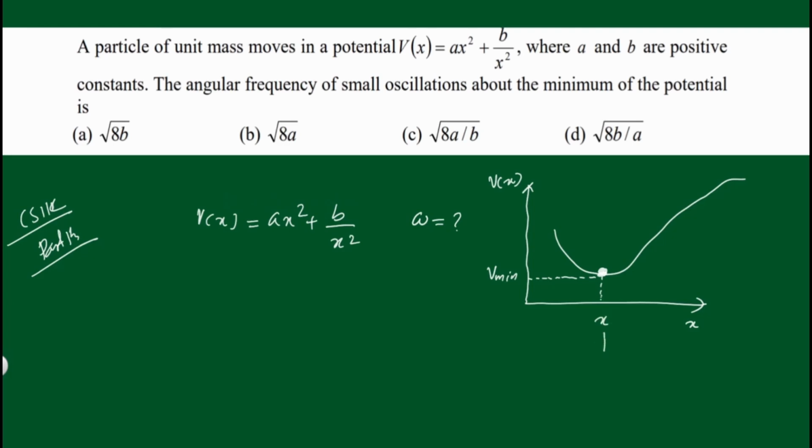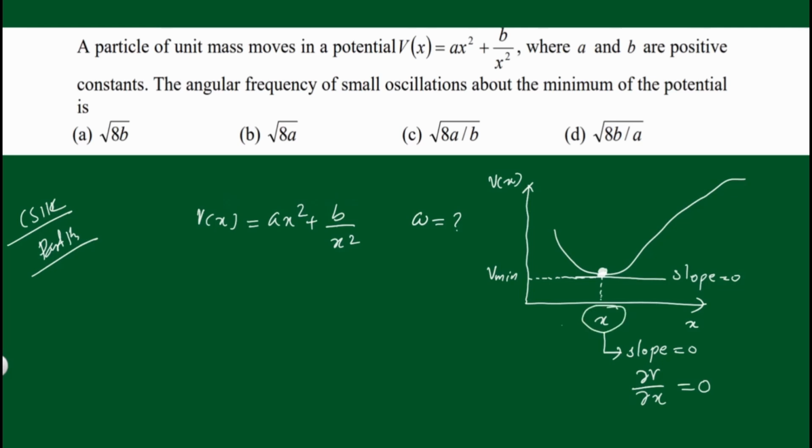We know that for this point the slope will be equal to 0, that means dou V by dou x equal to 0. So if we take the derivative of the potential with respect to x and equate it to 0, we can find this x point.